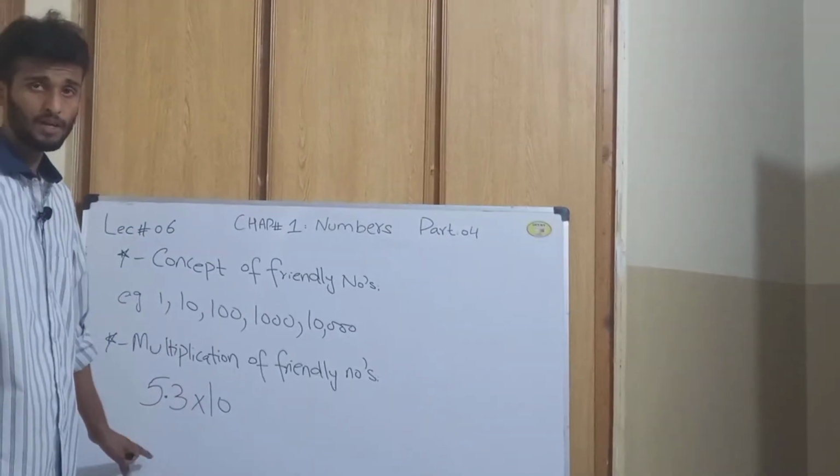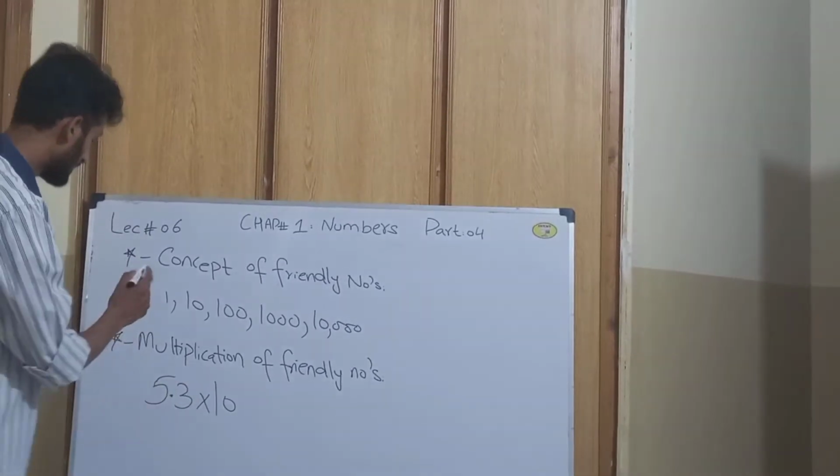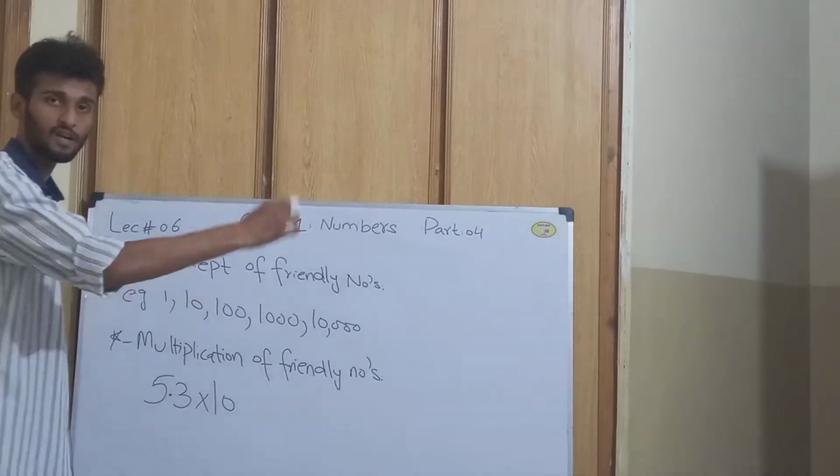In case of multiplication of friendly numbers, the decimal always moves towards the right side.